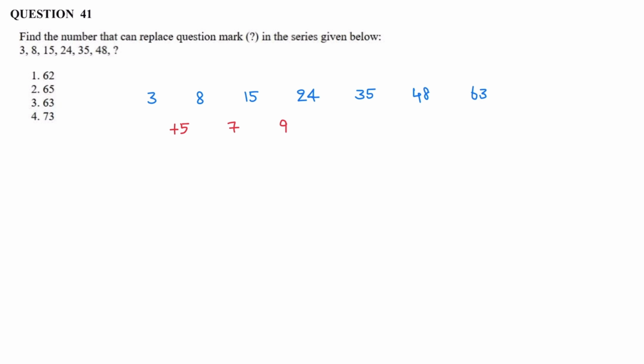Here odd numbers. From 24 to 35, the difference is 11. 48 minus 35, the difference is 13. 63 minus 48, the difference is 15. Add 15 to 48, we will get the next number 63. Correct answer is option 3.